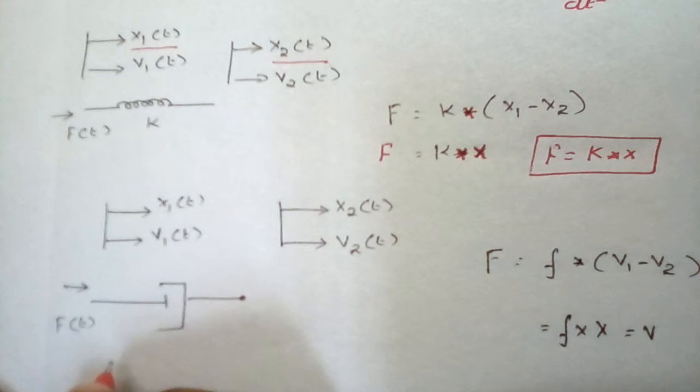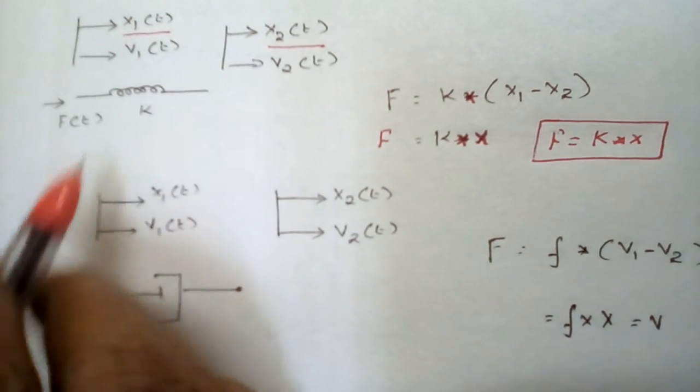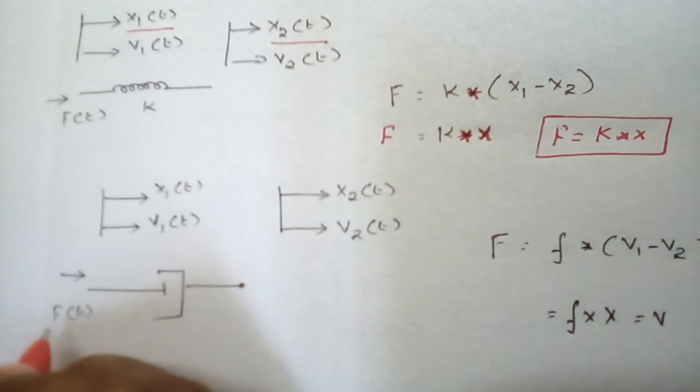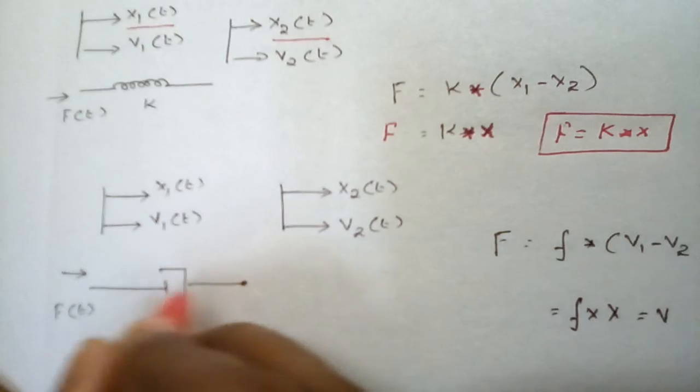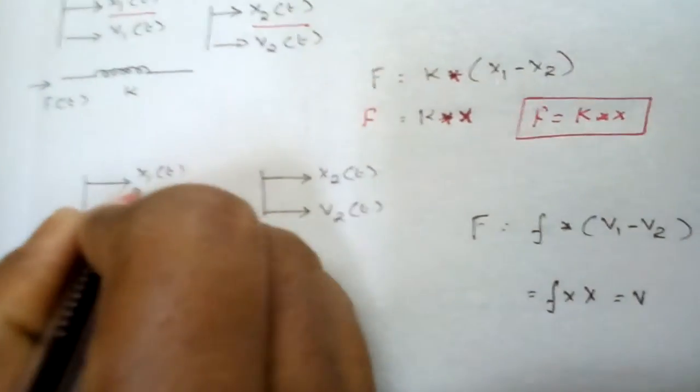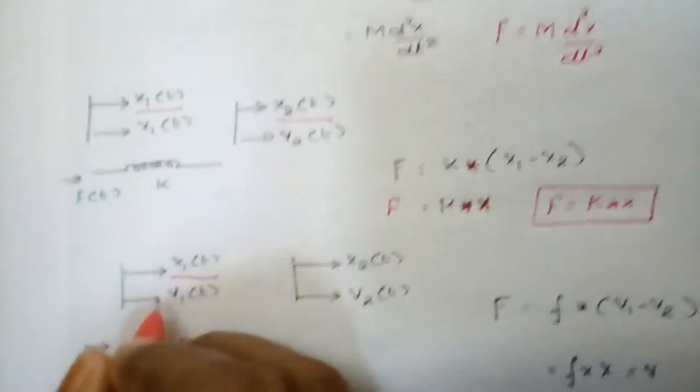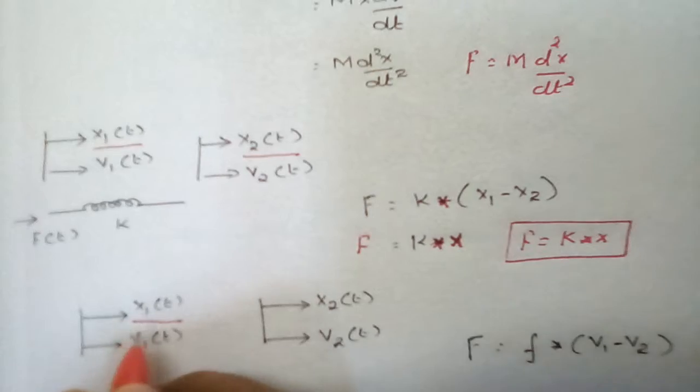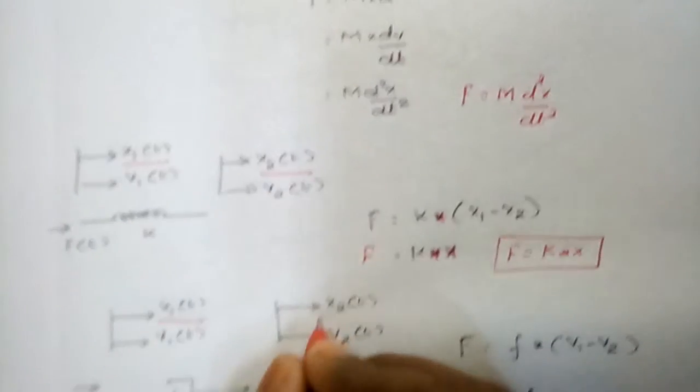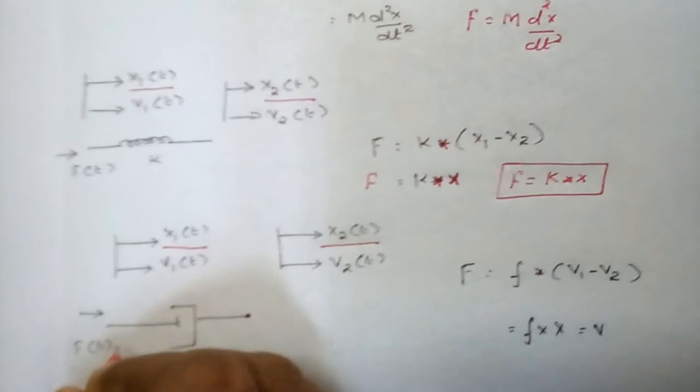Next, the damper element. Similar to the spring element, in the damper element the two ends are free ends, and it is excited by the displacement x1 of t at one end and displacement x2 of t at the other end.